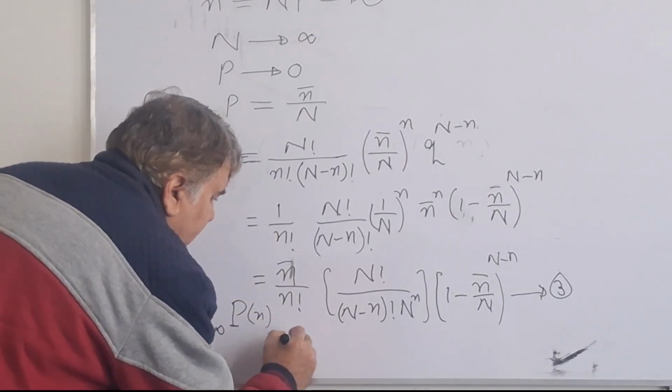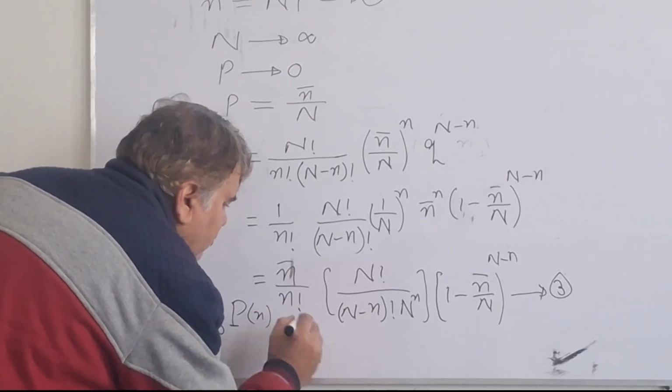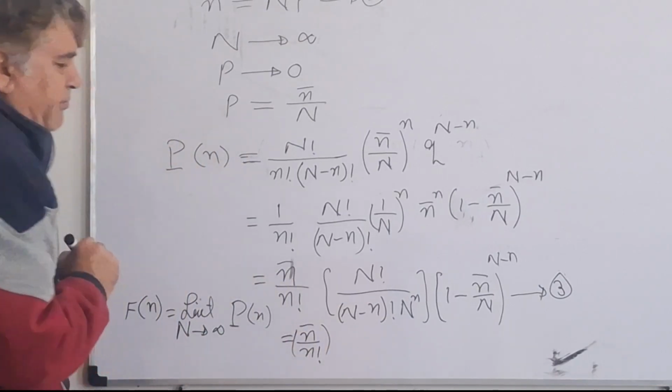Therefore, I would like to write this over here, n bar divided by n factorial. I write that in a separate bracket.